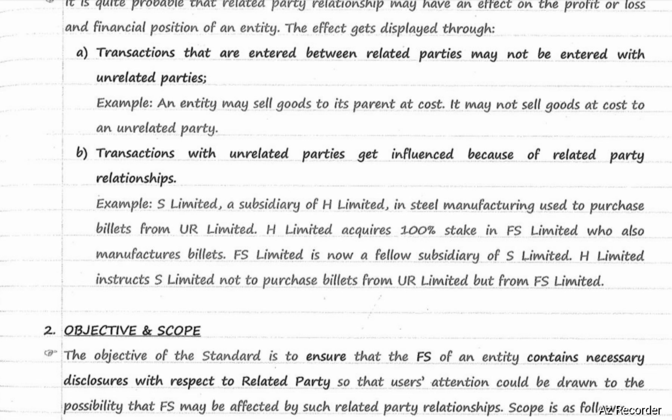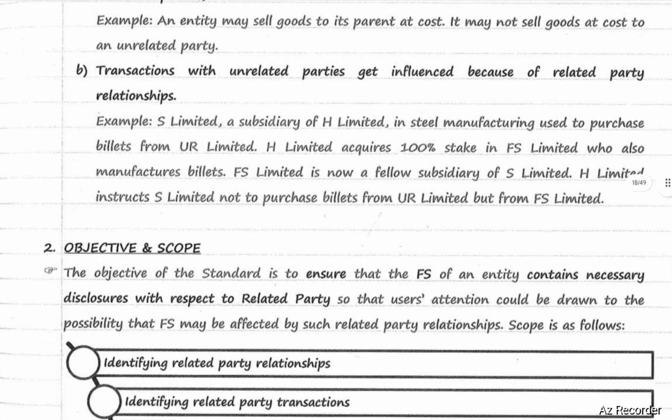FS Limited is now a fellow subsidiary of S Limited. H Limited instructs S Limited not to purchase billets from UR Limited, but from FS Limited. These are the transactions with unrelated parties getting influenced because of related party relationships.